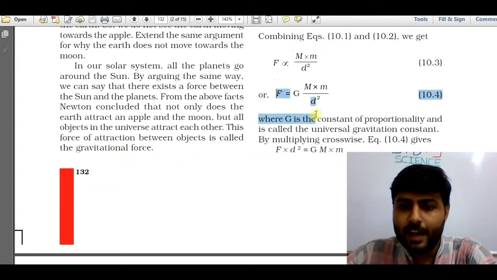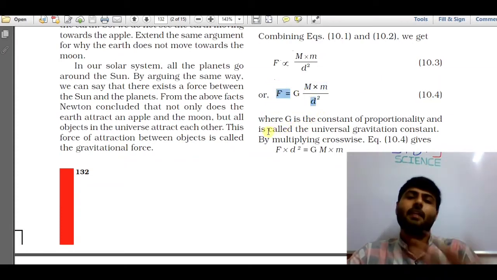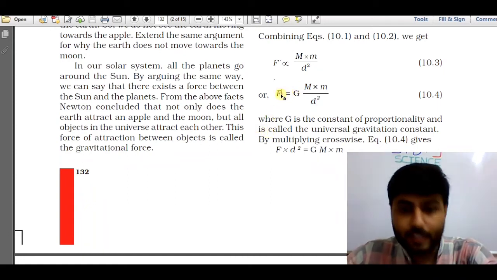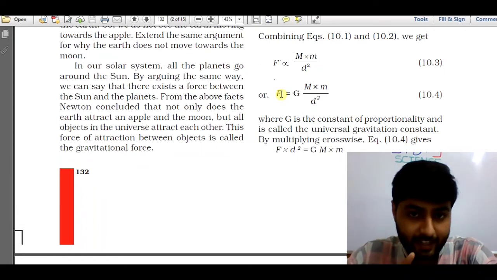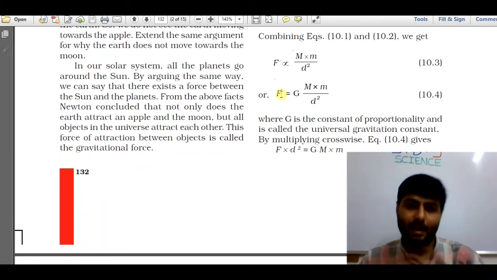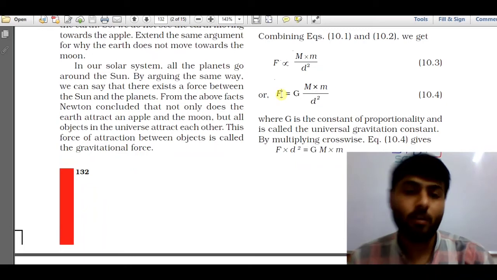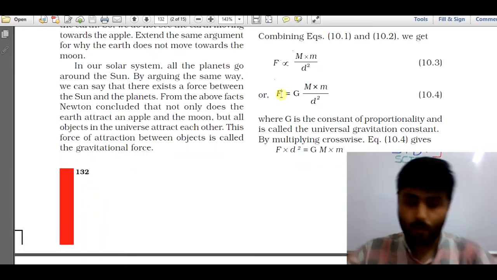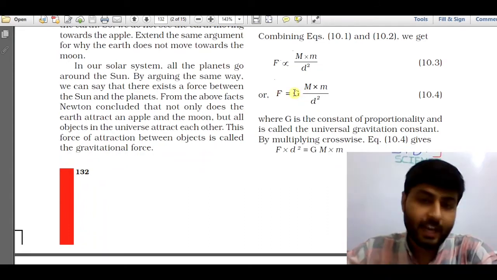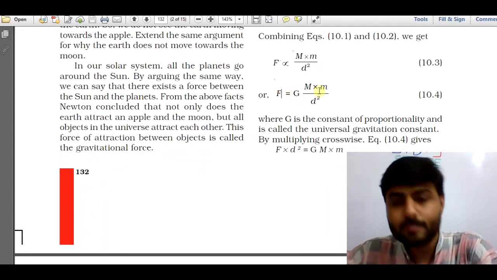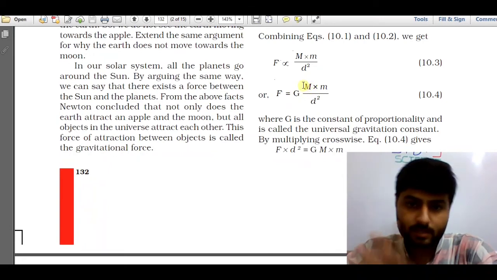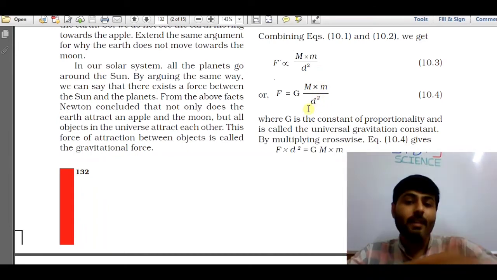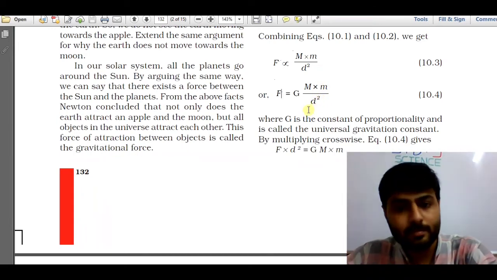If we put the values for me and my friend, or you and your friend, F, that is the gravitational force between me and my friend, gravitational force between you and your friend. We have to put the value of G here. We now have the standard value of G with us, your mass and your friend's mass, and the distance between you and your friend.